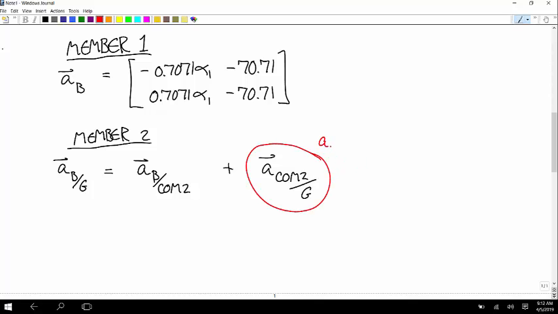This one is already in our list of variables. That's A2. And this one is just circular motion. So that's alpha cross R plus omega cross quantity omega cross R.